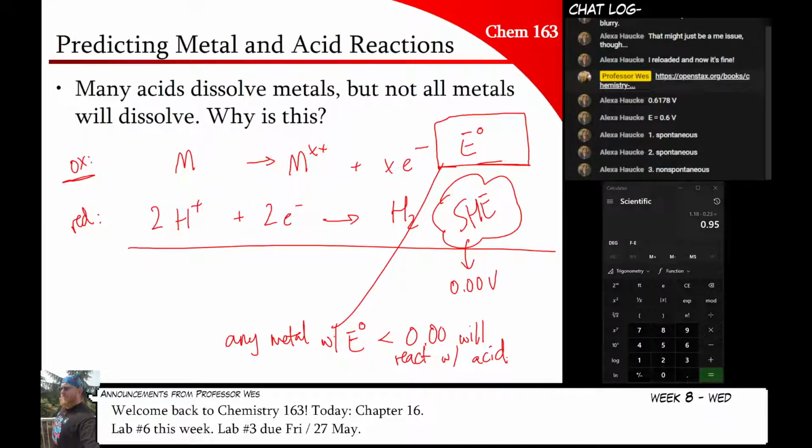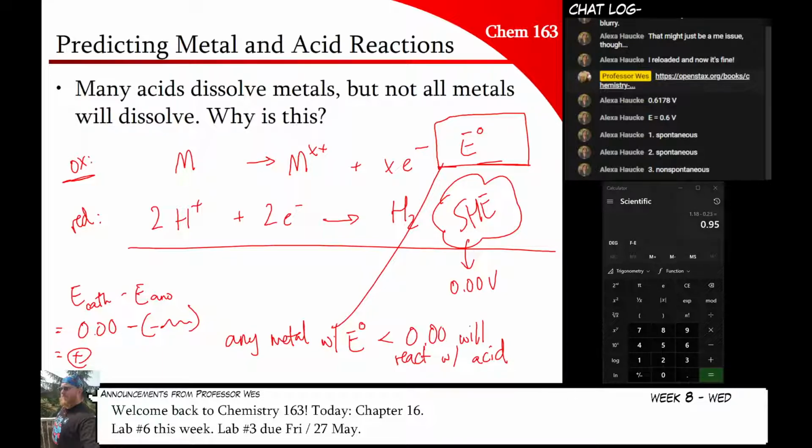Because cathode minus anode would end up being 0 minus whatever negative number I put in there, which would then be a positive number and thus be spontaneous. So as long as you are picking a metal off of the standard reduction potential chart that has a negative E, it'll react with acid.